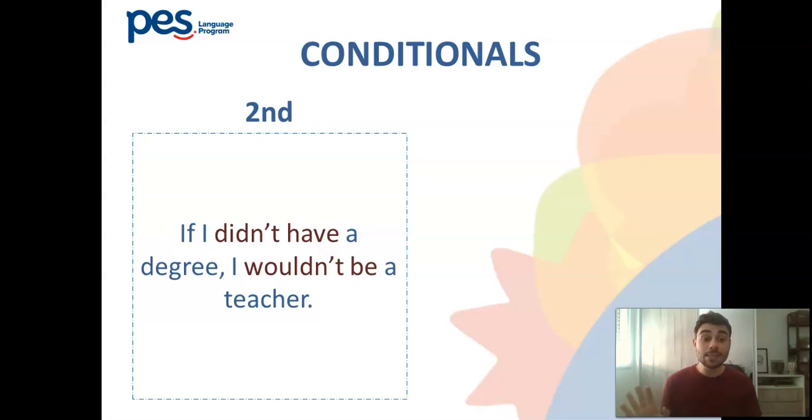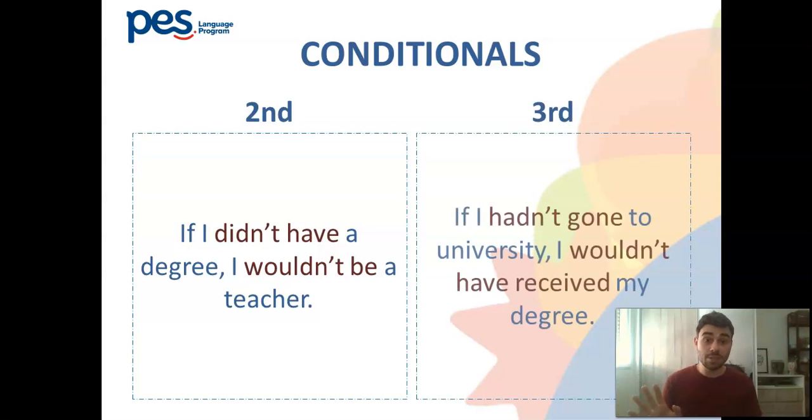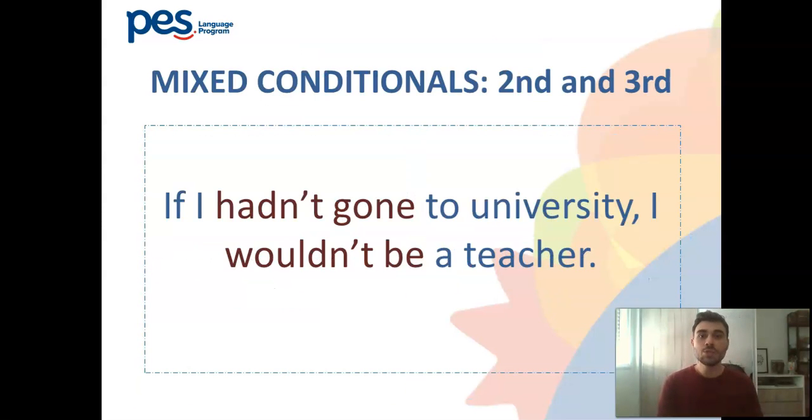Let's check the classic structure of the third conditional. If I hadn't gone, so past perfect. I wouldn't have received, so would plus have plus past participle. So these are the classic structures of second and third conditionals. Now, let's analyze how a mixed conditional works.